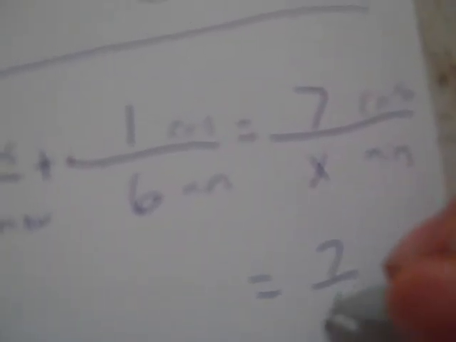Okay, how about me? I can do one car in 8 minutes. You can't put 8 over 1 or it's not going to work. That's why you have to put your time unit on bottom. This guy can wash one car in 6 minutes. You can wash a sixth of a car per minute. Now, when we work together, we want to wash 7 cars, and I don't know the minutes, so I'm going to put X down there. Now, here's what we can do. We can add these two together. I know I'm going to have 7 over X right there.